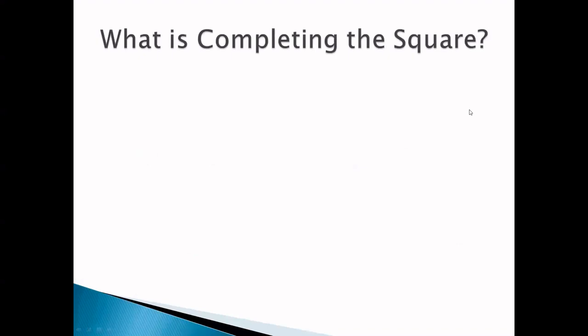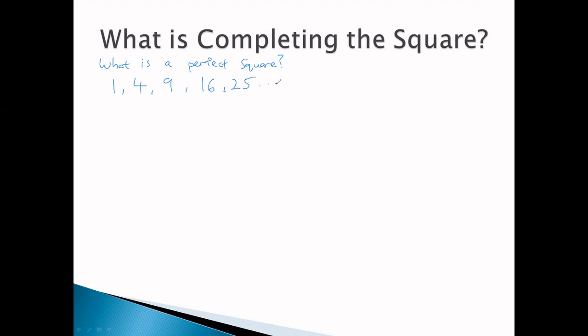What is completing the square? All right, let's talk about perfect squares first. What is a perfect square? Okay, I can tell you that perfect squares are 1, 4, 9, 16, 25, and so on.